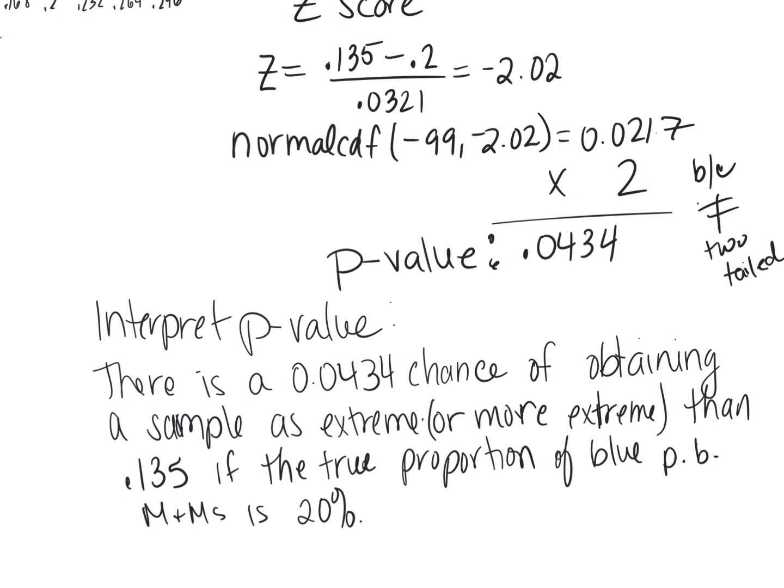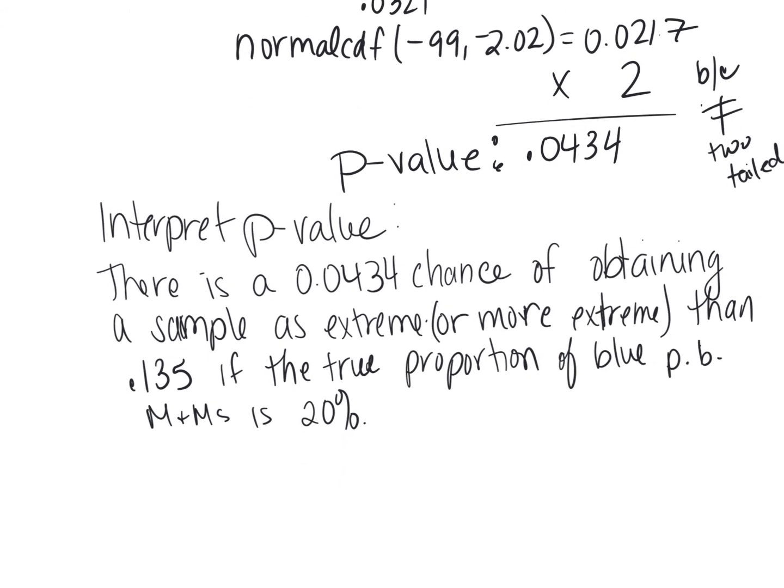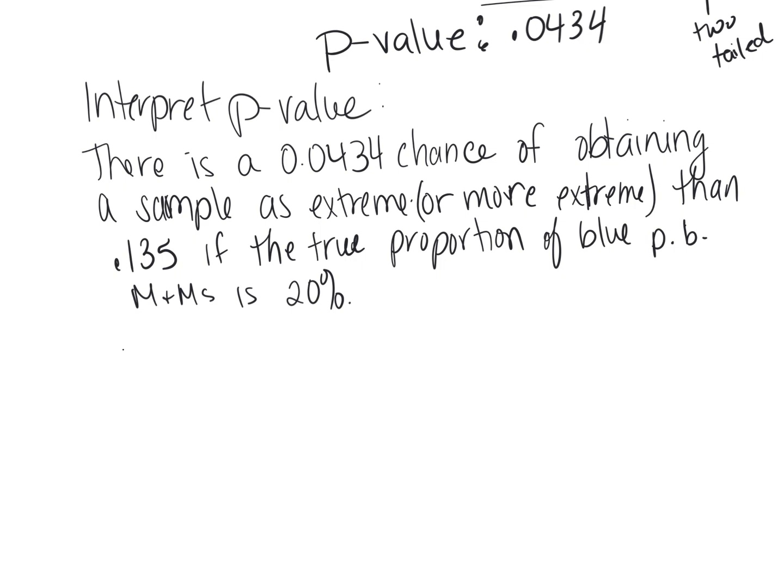Okay. Which means it's unlikely that it's just sampling variation. Maybe they've changed it since the last time I got this statistic from their website. So what is our conclusion? We are going to reject.